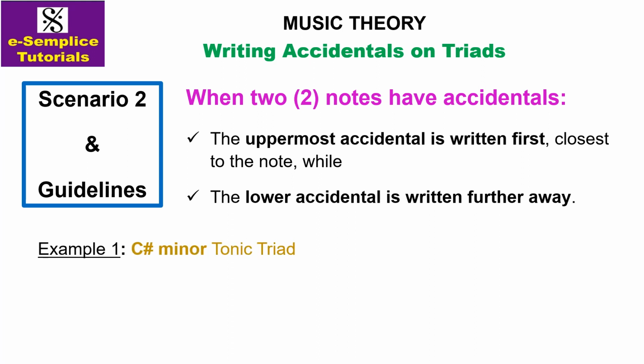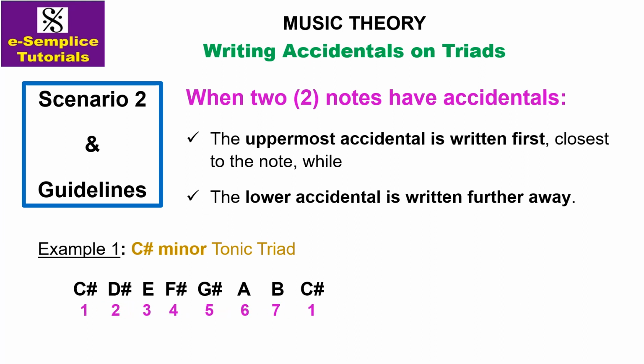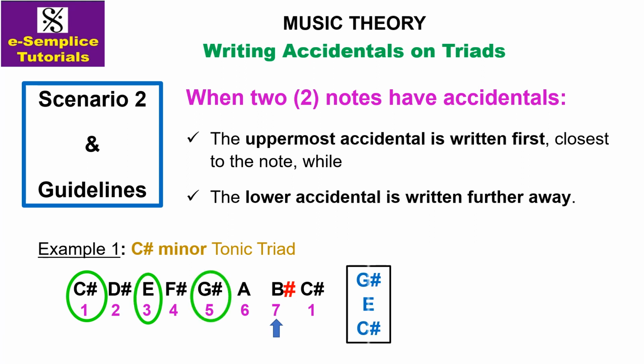Let's go back to our example 1, C sharp minor tonic triad, and as usual the notes in the scale of C sharp minor, the degrees of the scale, raise the seventh note, and then the tonic, the third, the fifth, and then you stack.